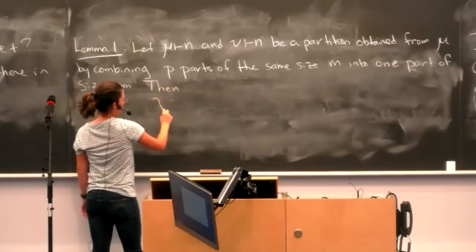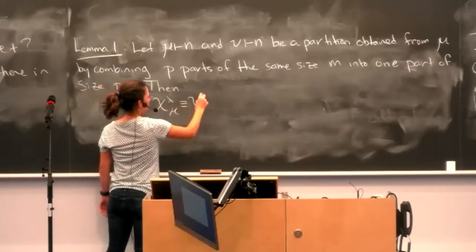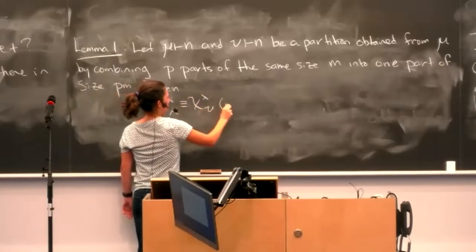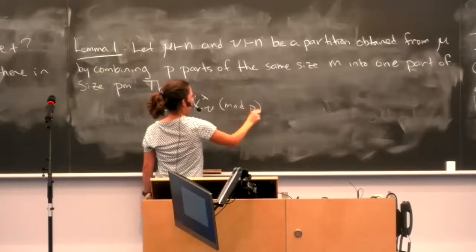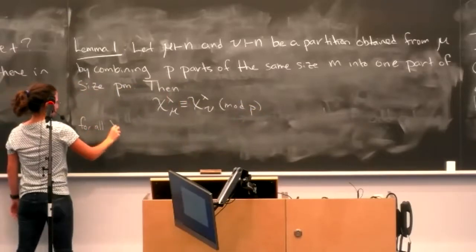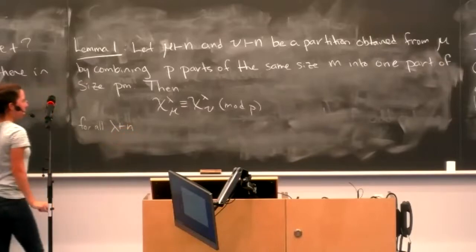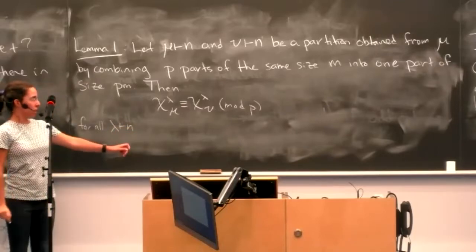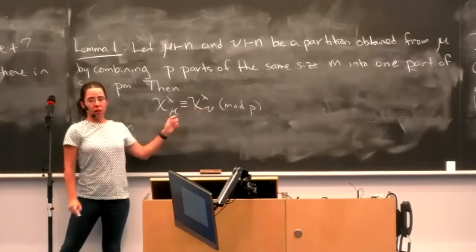Then the character values chi lambda mu and chi lambda nu are congruent modulo p for all partitions lambda of n. So the columns of the character table corresponding to mu and nu are congruent mod p.